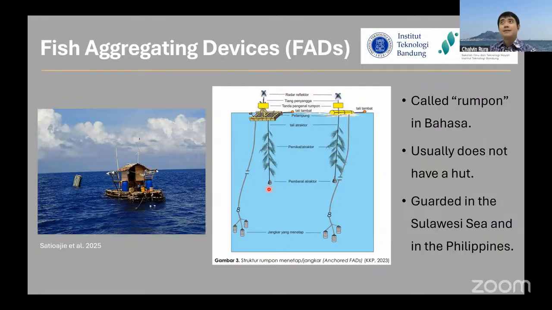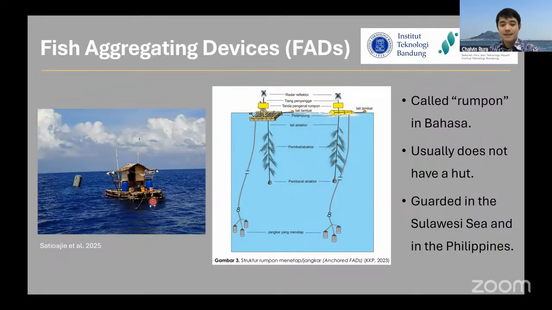He's using acoustic methods to try to understand the swimming pattern of tuna fish, because we still don't really understand why tuna show this behavior. Why something as simple as putting a palm tree leaf under a FAD can attract fish. We're still not sure about the ecology or the interaction between those two.